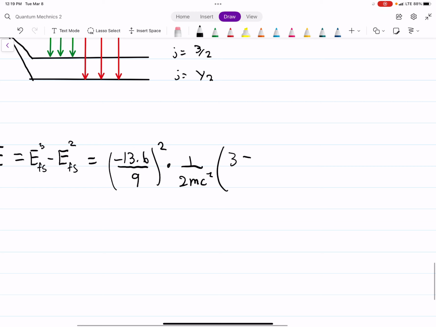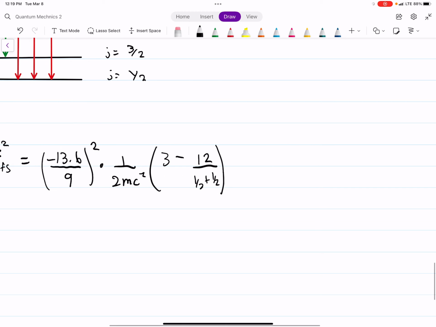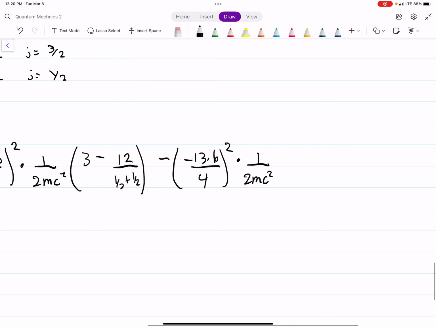3 minus 4 times 3 is 12. J plus a half, well, j is just a half here, so this is 1. But I'll go ahead and write it out just so you guys see. And then the difference of that minus negative 13.6 over, so now n is 2, so n squared is 4 squared times 1 over 2 mc squared.